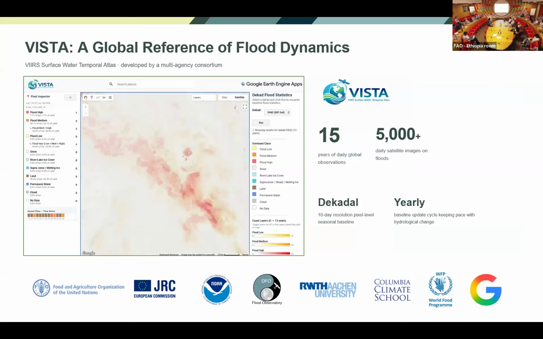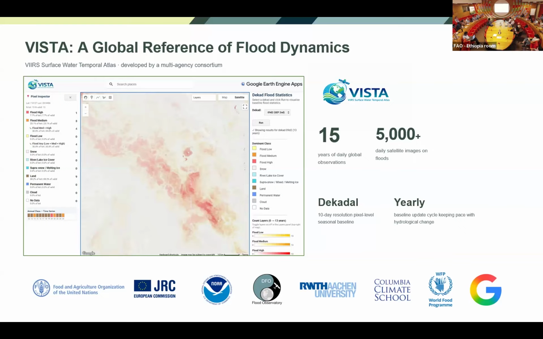And that's why we are working on an initiative that we call VISTA, the VIIRS Surface Water Temporal Atlas. We want to process the daily VIIRS observations since the beginning of the VIIRS program in January 2012, so it's soon going to be 15 years.